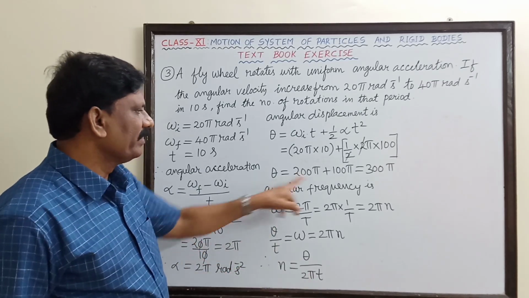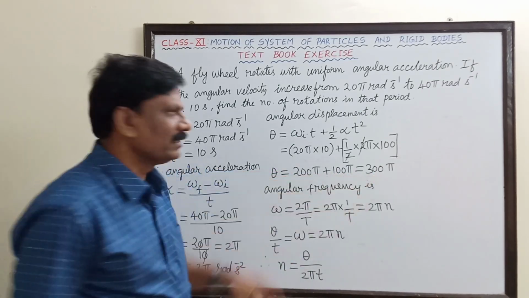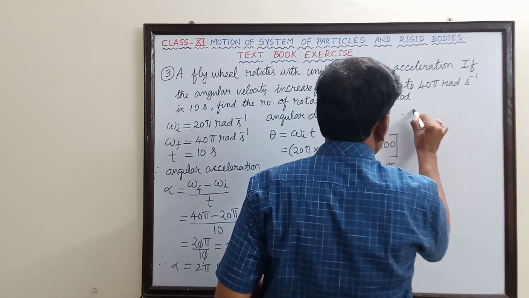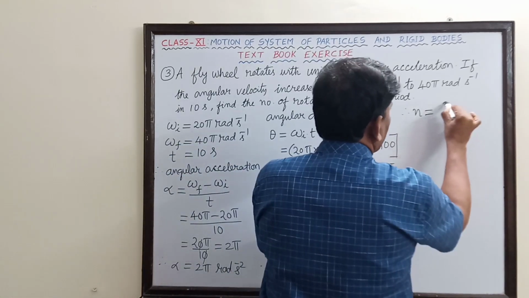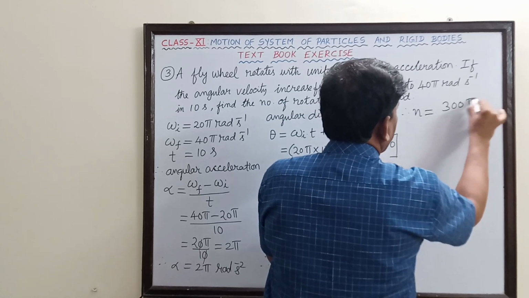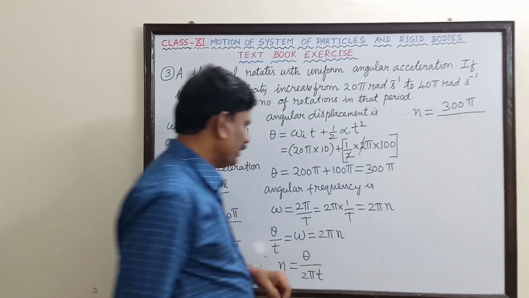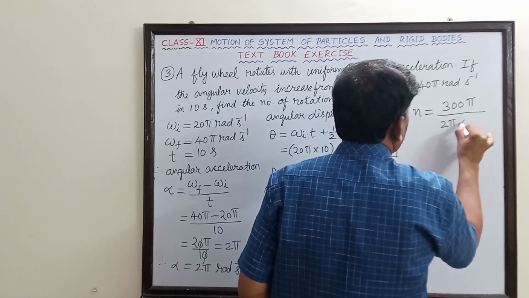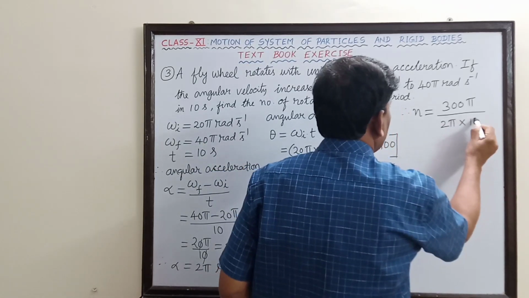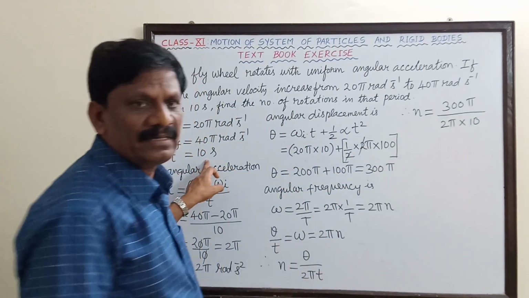So what is theta? We have already calculated it as 300 pi. So I am going to substitute. Therefore n is equal to 300 pi divided by 2 pi into t, where t is 10 seconds, already given.